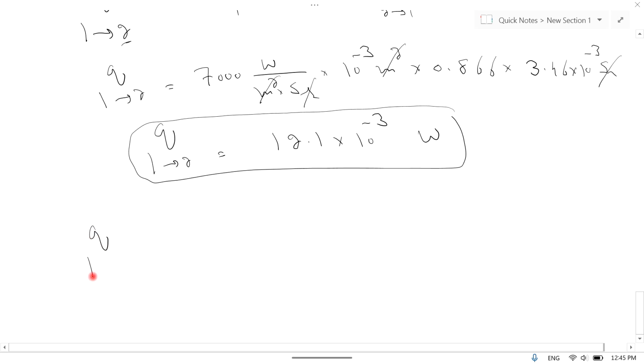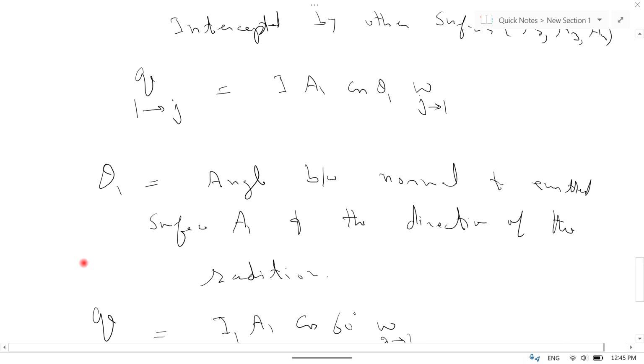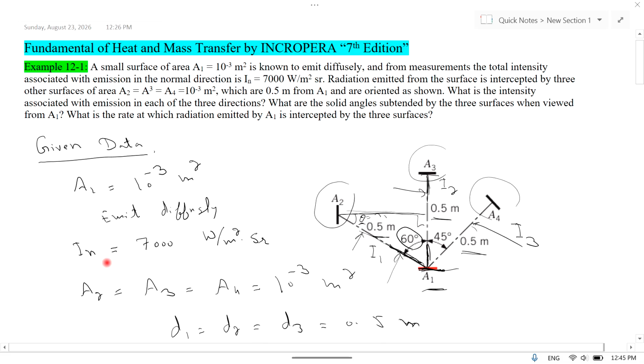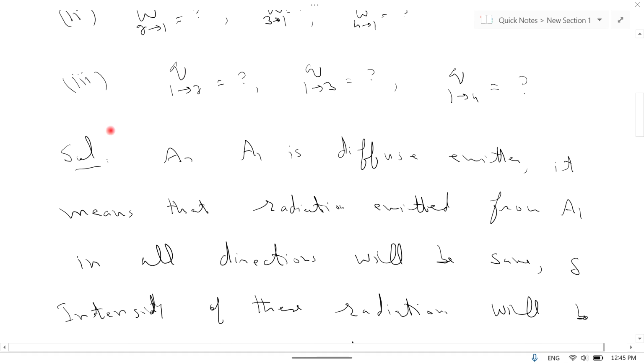Now Q from 1 to 3, the radiation emitted from 1 and intercepted on 3, is I2 A1 cos theta 1. Theta 1 is the angle between the normal to surface A1 and the radiation from A1 to A3. Both are on the same line, so the angle is 0 degrees.